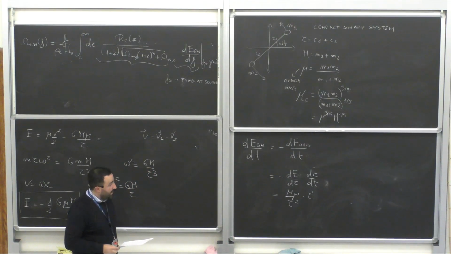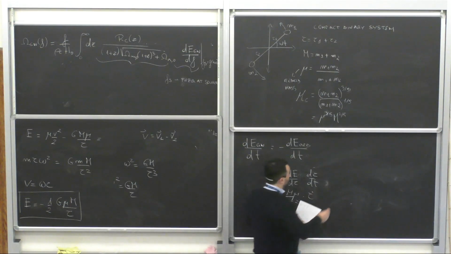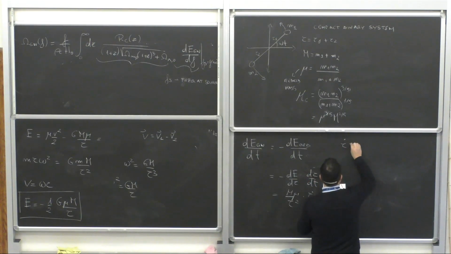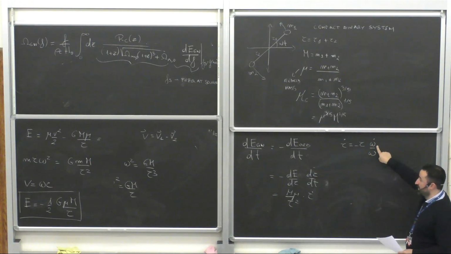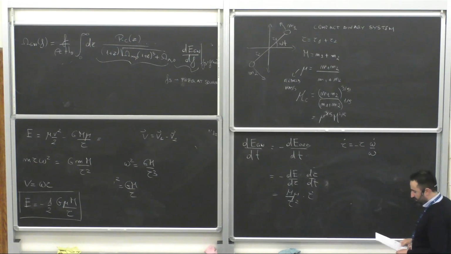And now what you do, you use Kepler's law. You know that r dot is equal to minus r times the derivative of the angular velocity over the angular velocity.